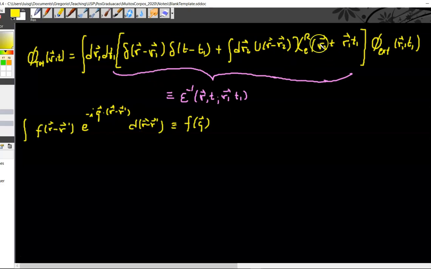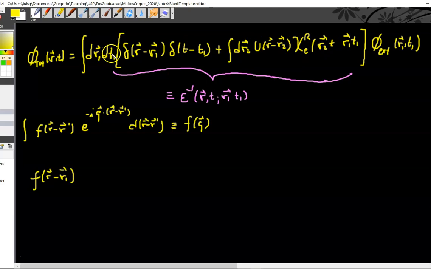Now this one's a little bit tricky, so let's see how that works. In principle, we have this function, which is a function of r and r1, in an invariant system.